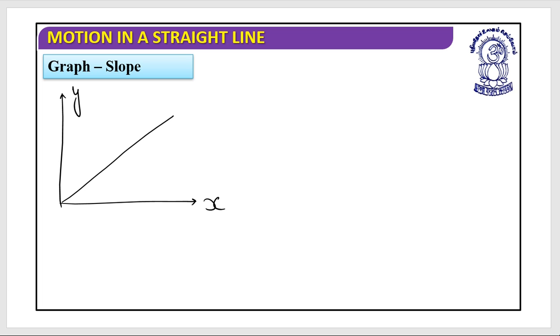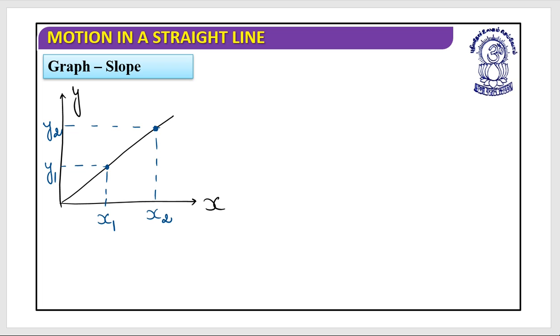Now let's take random points. Suppose this is the first point, and its corresponding value on the x-axis is x1, and its corresponding value on the y-axis is y1. Let's take this point. Its corresponding value is x2, and the corresponding value on the y-axis would be y2.